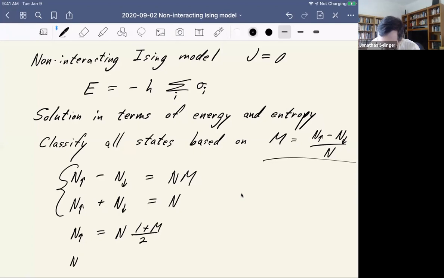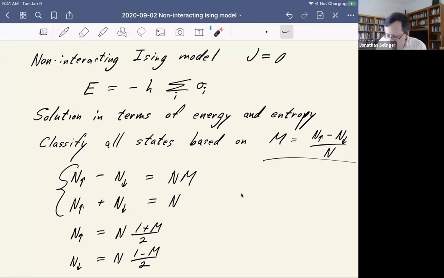And n down is the total number N times (1 minus m) over 2. All right, and you can check whether I got this solution correctly by plugging these solutions in here and calculating the difference and the sum, and you get the right answer.